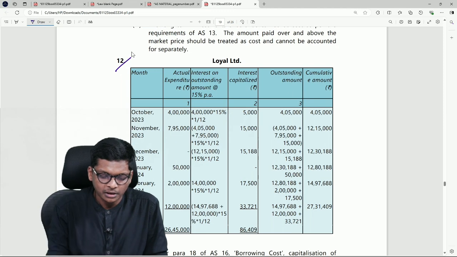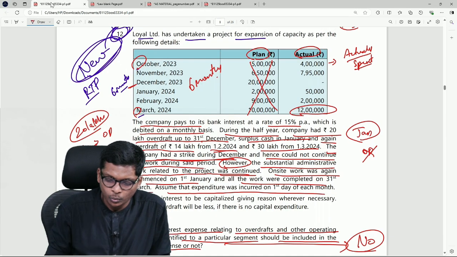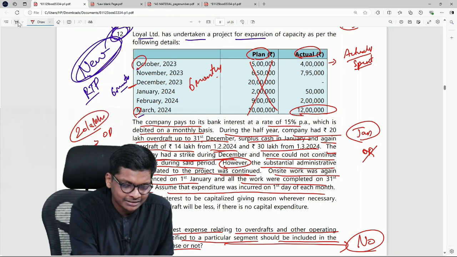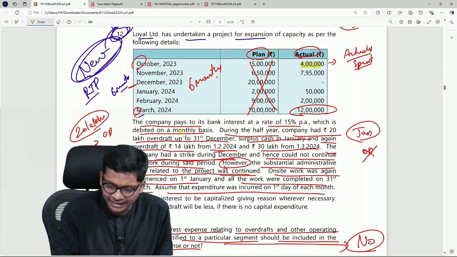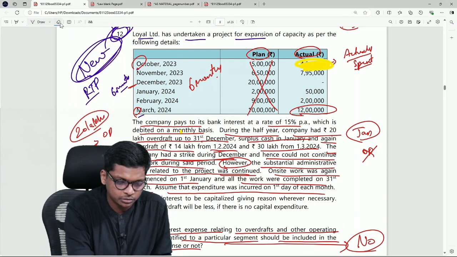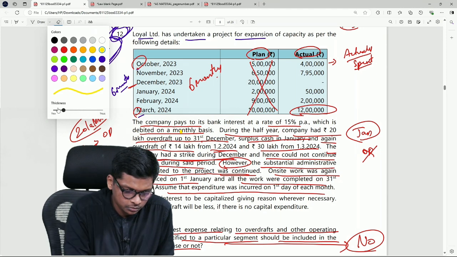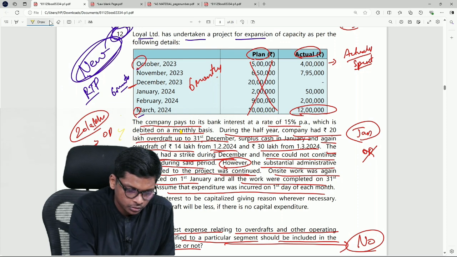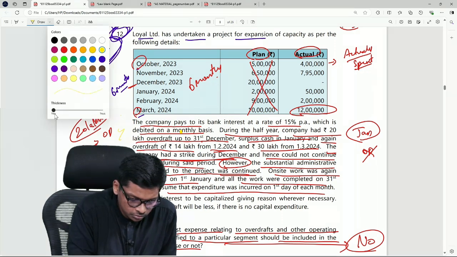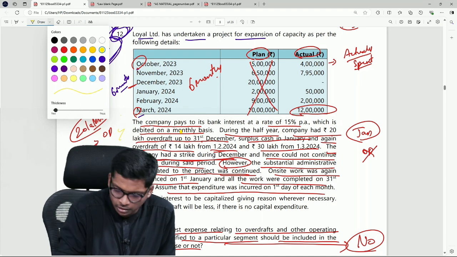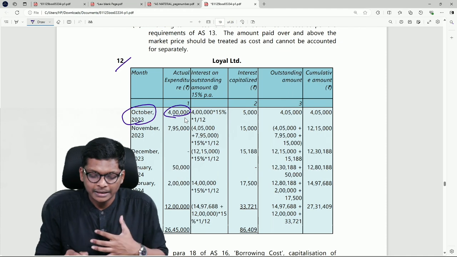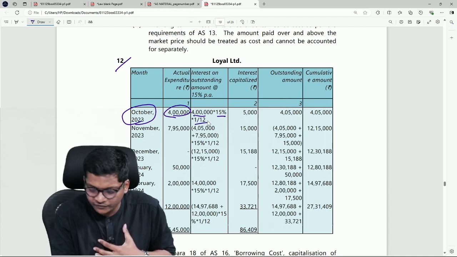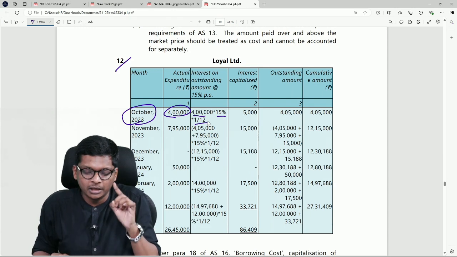Look at this. 1st October 2023. What is the expense in October 2023? They have given the expenses as 4 lakhs, correct? In this 4 lakhs, interest is computed as 4 lakhs into 15% into 1/12 for 1 month.